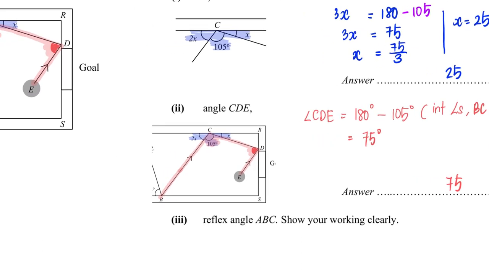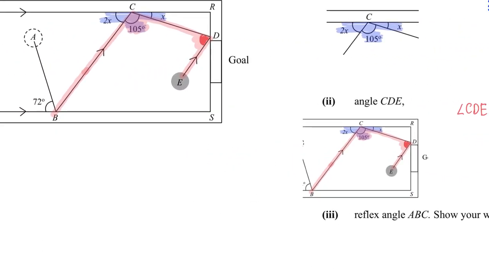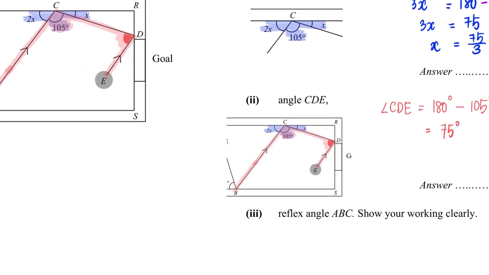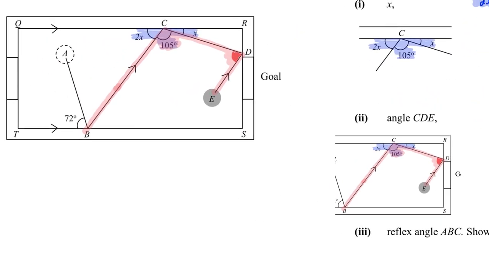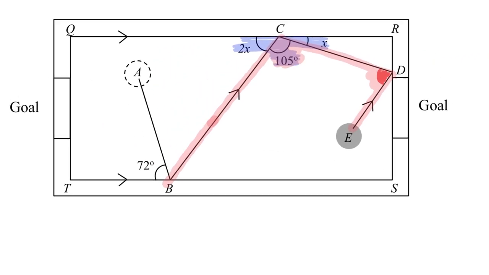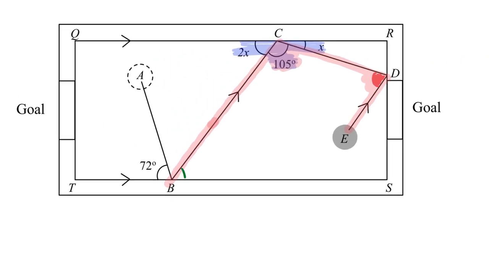And for part 3, reflex angle ABC. We are now looking at reflex angle ABC, which is this angle here.